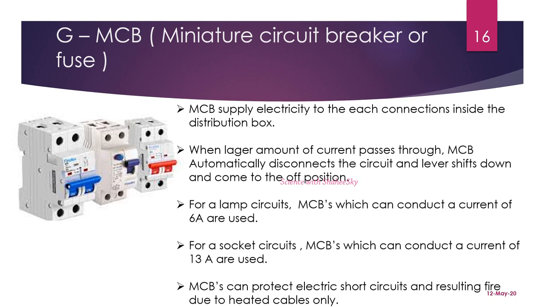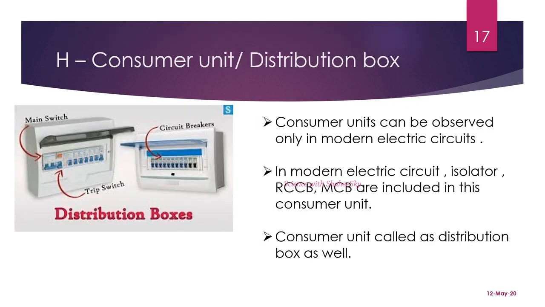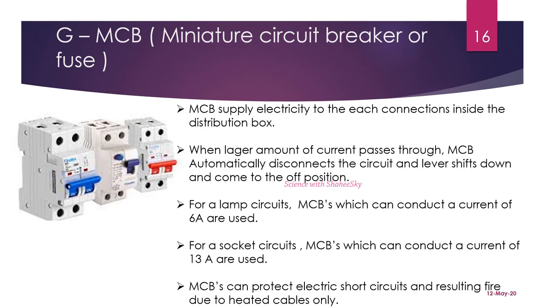For a lamp circuit, MCBs which can conduct a current of 6 amperes are used, and in the socket circuits, MCBs which can conduct a current of 13 amperes. And MCBs can protect against electric short circuits and wires heating up due to heated cables only.